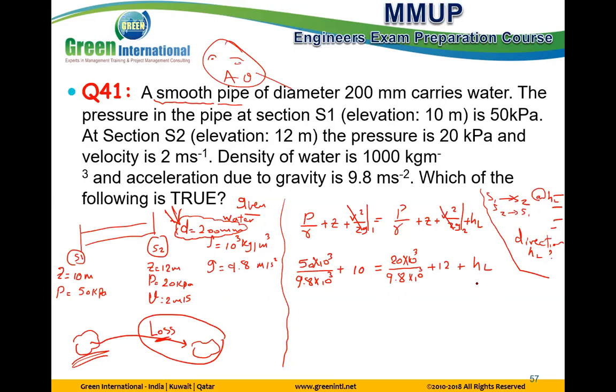From this equation you can get H losses directly, and we can get it easily. 10 to the power 3 cancels with 10 to the power 3. 50 we can approximate as 10, it means 5 plus 10, and 20 divided by 10 is 2, plus 12, plus H losses. 15 equals 14 plus H losses, so H losses is approximately 1, positive. It means the direction of flow is from S1 to S2. Clear? Yes. Okay.